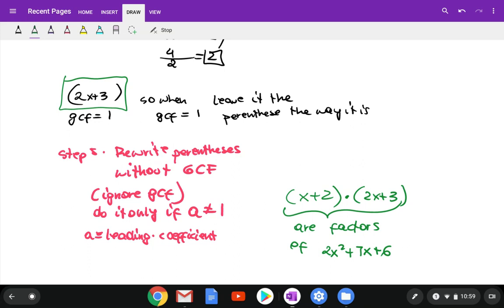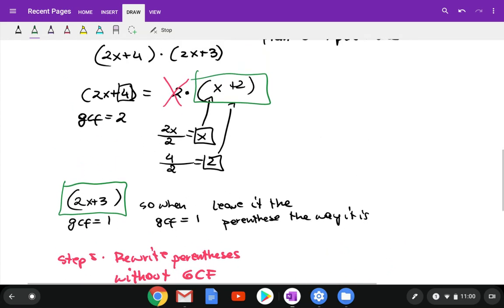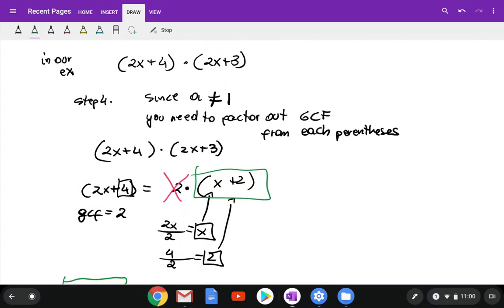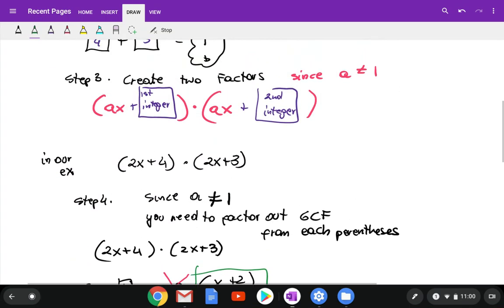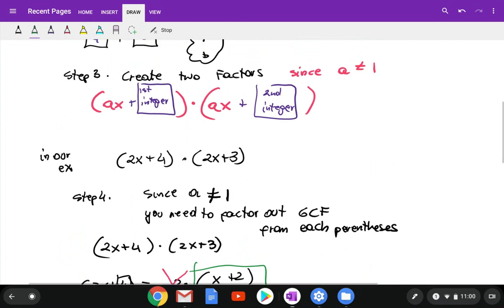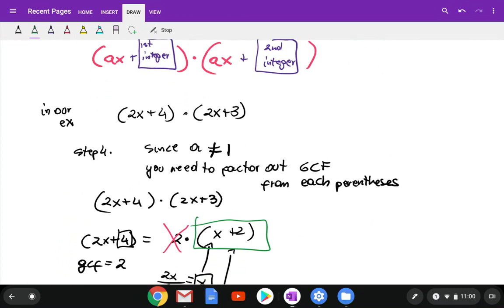So what is new here? Technically, we follow the same steps as in section 14.2. The only thing is, when you create your factors, you have ax plus first integer times ax plus second integer. You need to remember that when you have your parentheses, you have to factor out the GCF, if you have one, from each parenthesis.